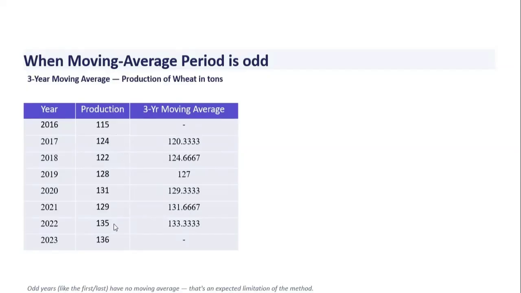Notice we lose the trend value for the very first and very last year. That's the price of smoothing. It's not a flaw, it's just how the method works. You can see that there are no moving average cells in 2016 and 2023. This is the expected limitation.